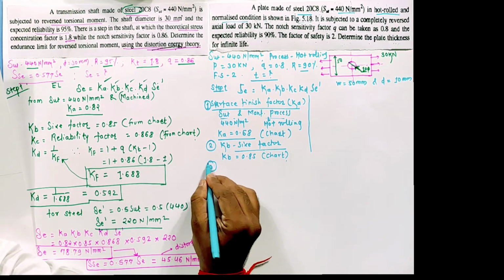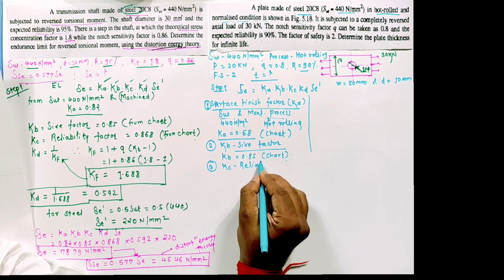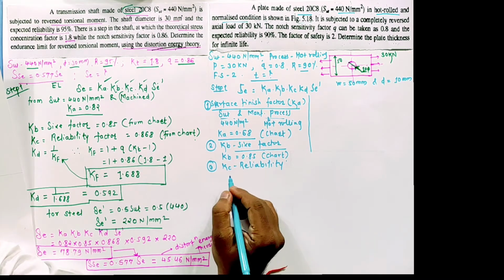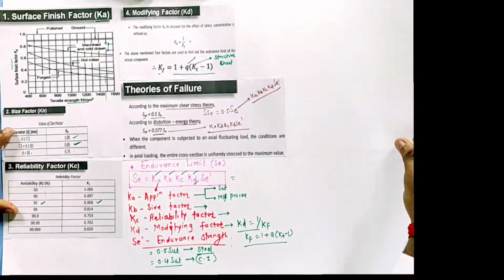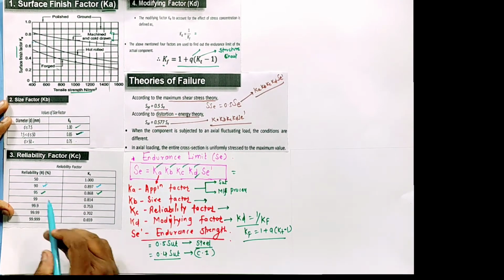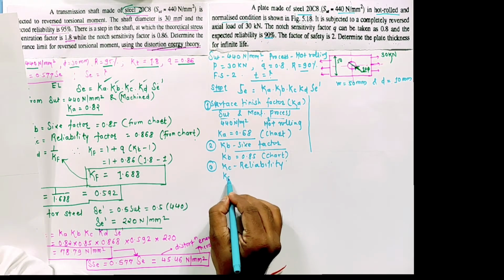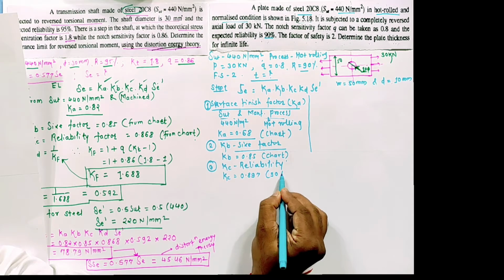Third, Kc, reliability factor. Now for Kc, how much reliability have they given? 90%. We'll move here. For 90%, 0.897. Kc is equal to 0.897 for 90%.